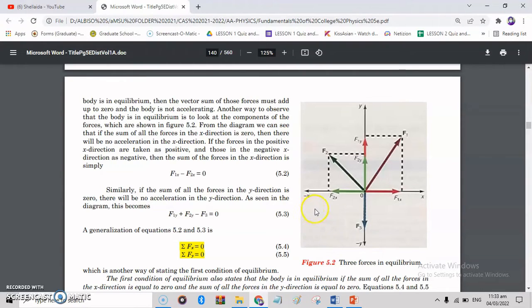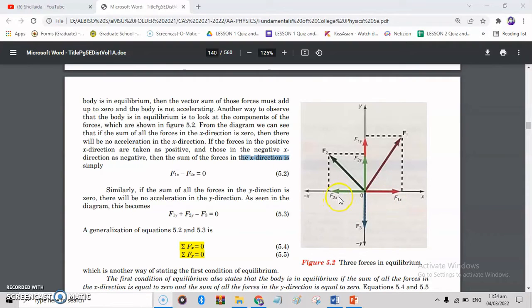So, making it into the x direction, the x direction is simply a summation of all forces acting on the x direction. What are these? These are the F1x and the F2x. As you can see here in the x component, there are only two, namely F1x and minus F2x.